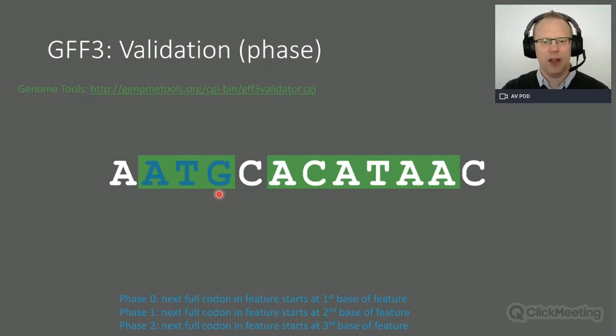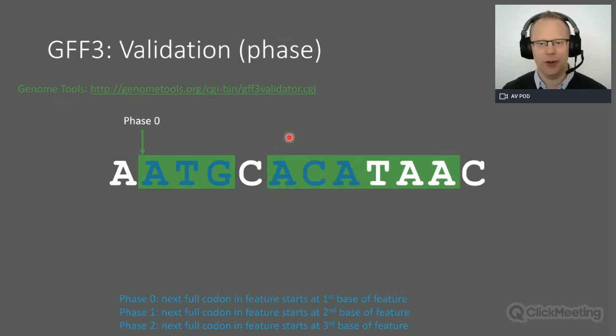And in this first coding sequence here, the first full codon starts at the very first base. So this gets a phase of 0. And the second coding sequence feature here, once you've spliced out the intron, will have its first full codon starting at the first base as well in that coding sequence. So that gets a phase of 0.